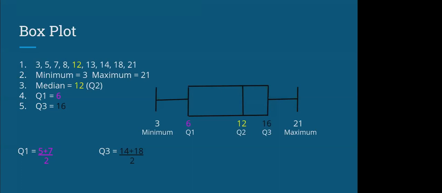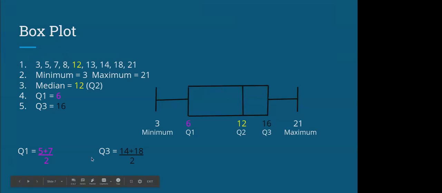Again, write this in your notes with the annotations so that when you look back on it, you will have a point of reference. If it makes sense to you in your notes for Q1, circle the lower end, 3, 5, and 7, so that you understand where this equation, 5 plus 7 divided by 2, came from.